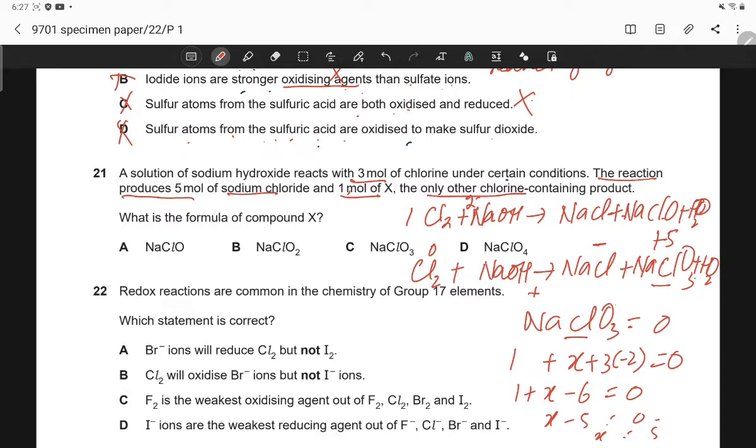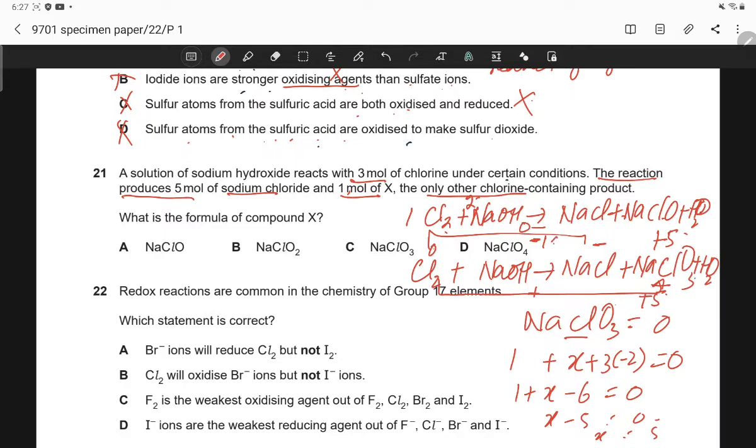To balance this reaction, the change over here is 0 to minus 1, and over here plus 5. So this is a decrease of 1, and Cl2 goes 0 to plus 5.